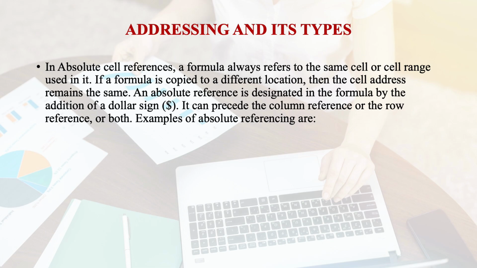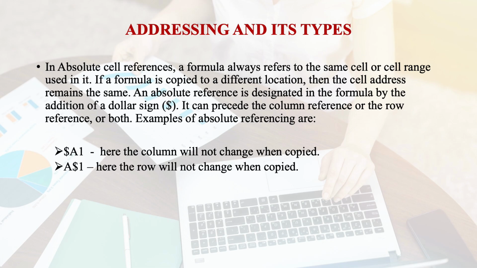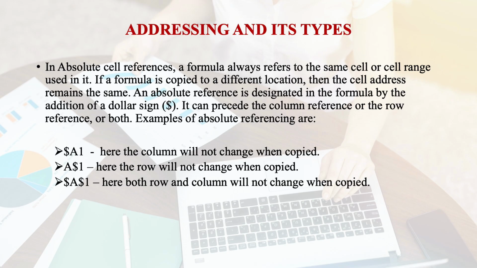The typical symbol used in absolute addressing is the dollar sign. If I use $A1, the column is frozen and will not change. And if I use A$1, the row is frozen to the first row, and the column values may change.